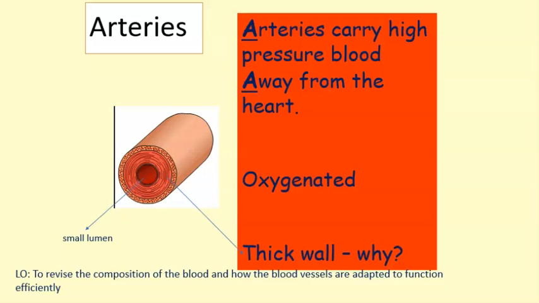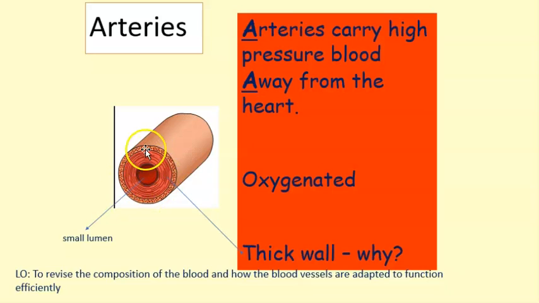So the first ones are the arteries. You have to know the structure of these vessels. I always think about arteries carrying blood away from the heart. So arteries away, that's why I've underlined the A and the A. And the arteries carry oxygenated blood. Now structurally, you need to know that the wall of the arteries is thick.